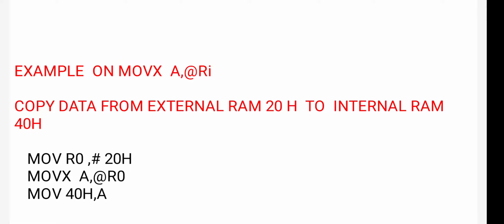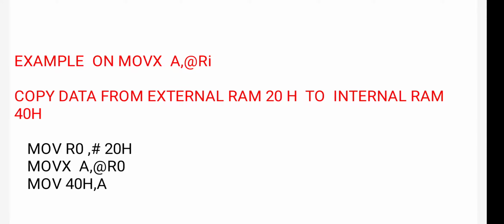First, we have to put this 20H address into register R0 or R1 or DPTR. I have used the R0 register because the 20H address is an 8-bit address. So we can use R0 or R1. We can also use DPTR, but here, for example, I have used the R0 register.